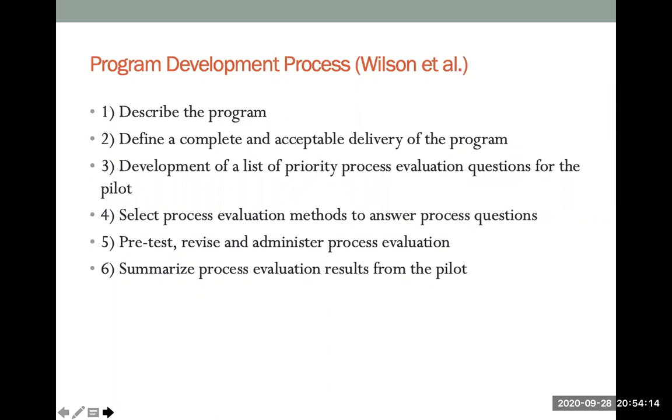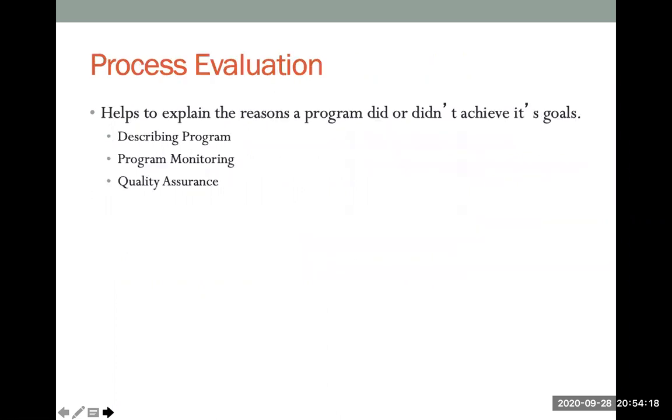So part of what I will begin to really talk about is what process evaluation really helps us do as a whole. Part of the reasons that we do process evaluation is because it helps us explain the reason a program did or didn't actually achieve its goals.